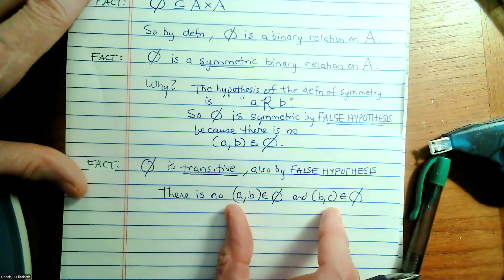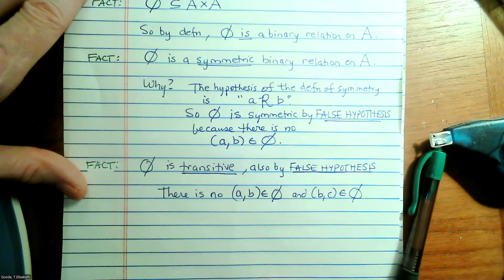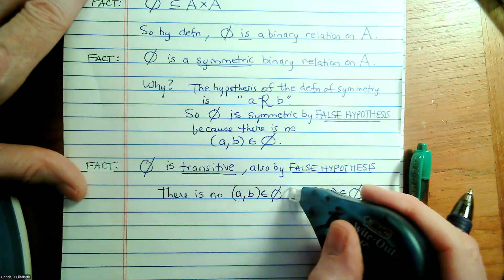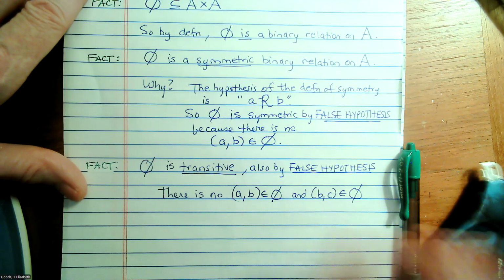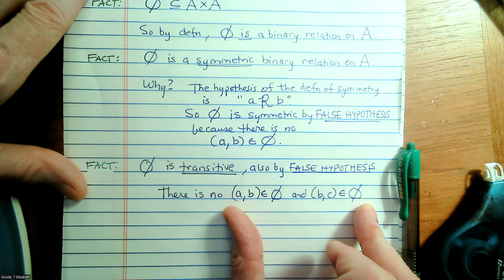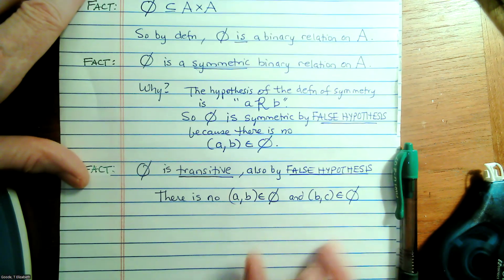You would need both of these to need the (A, C). You need the hypothesis to be true in order to have anything to check. And if-then is true when the hypothesis is false.